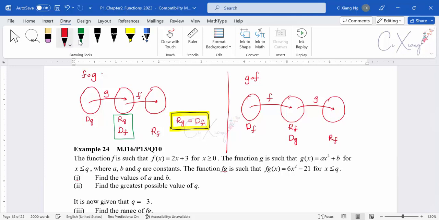Again, to use this concept to answer questions related to the composite function with domain and range, we will see this result again. These two sets, the range of f and the domain of g, are the same set. Therefore, we usually use the formula where the range of f equals the domain of g to answer the question.